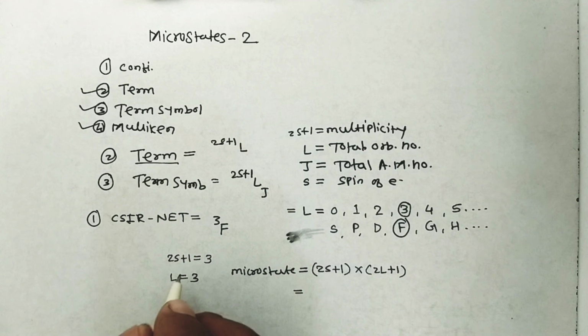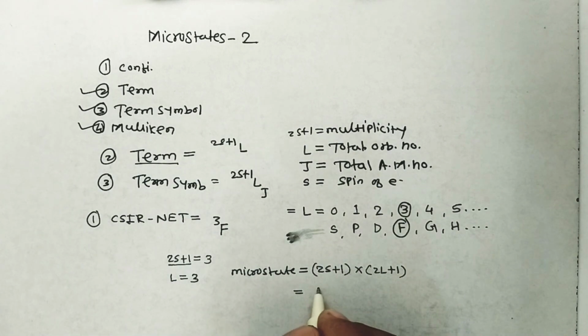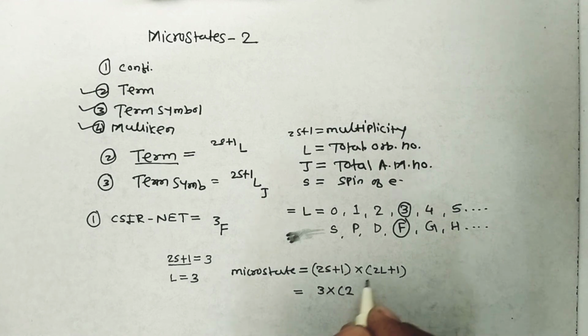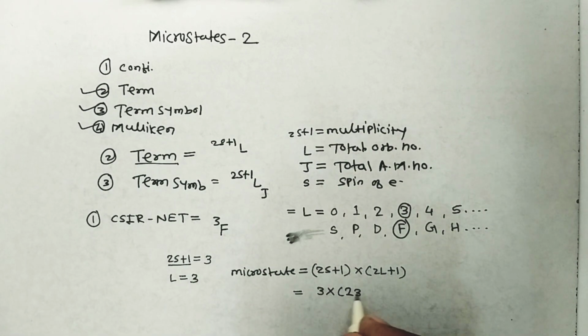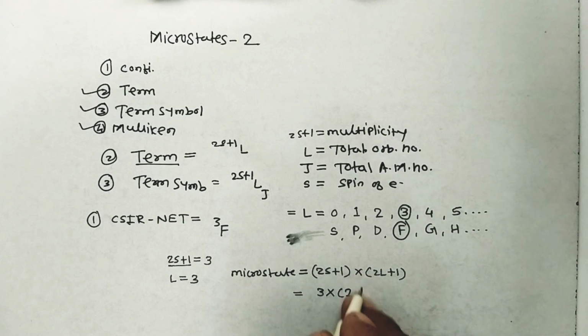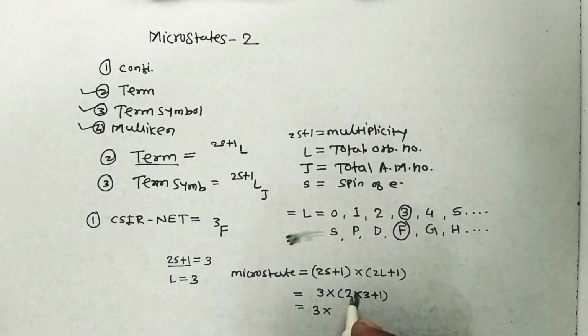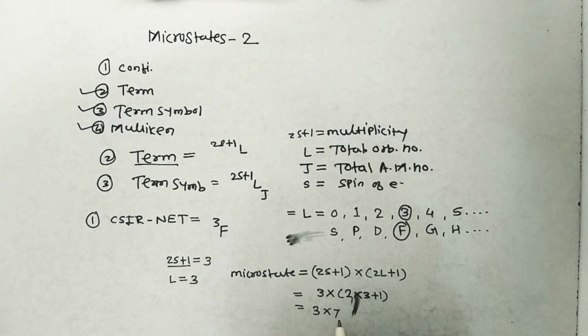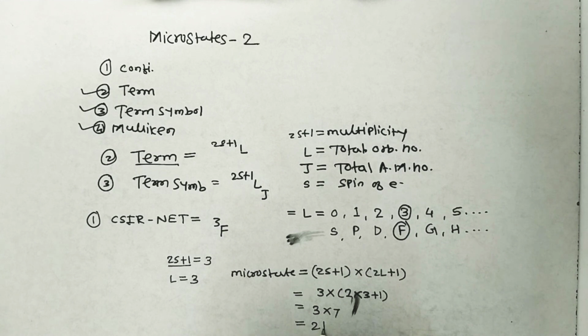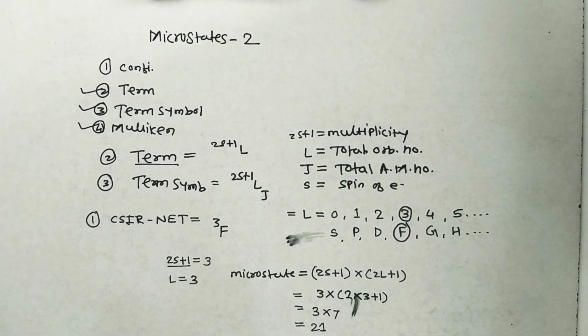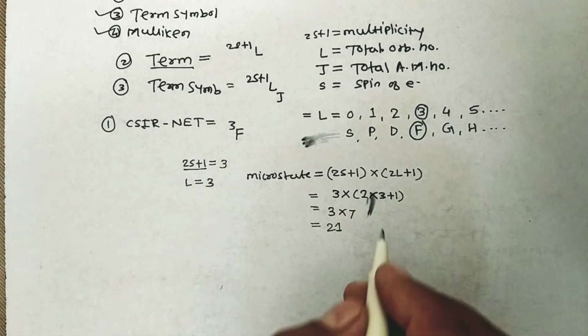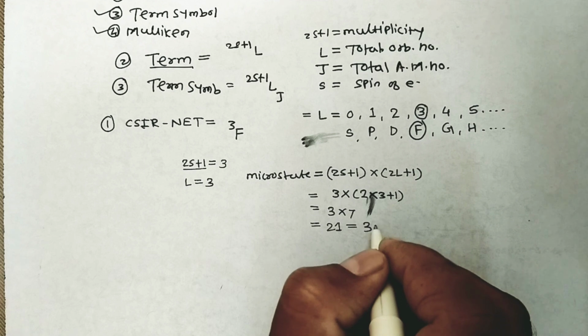Now here 2S plus 1 is 3, into 2 into 3 plus 1, that is 3 into 7, that is 21. So 21 is the correct answer for the number of microstates for the 3F term.